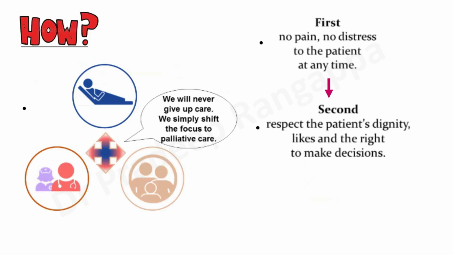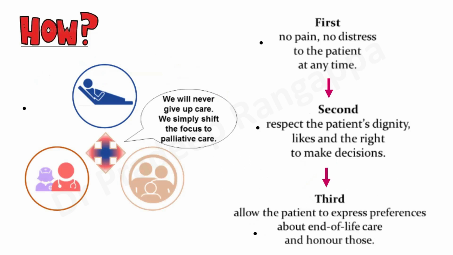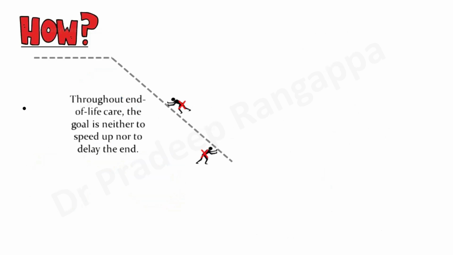The second aspect is to respect the patient's dignity, his likes, and to make right decisions. And the third aspect is to allow the patient to express his preferences, his values, and try to adopt them in the care plan that you may have envisaged.